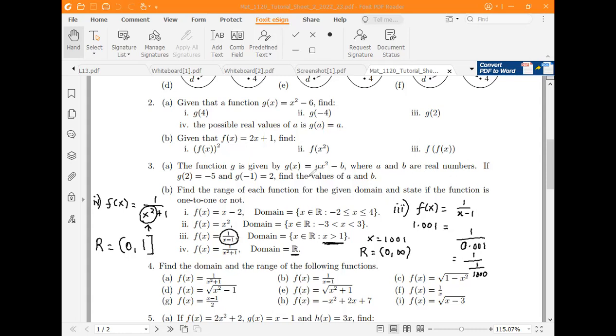This is the exercise I'm giving you now. Question 4, you start with G, this one, and then go to B, this one, and then go to H, this one, and then go to F, this one, and then try if you can solve I.